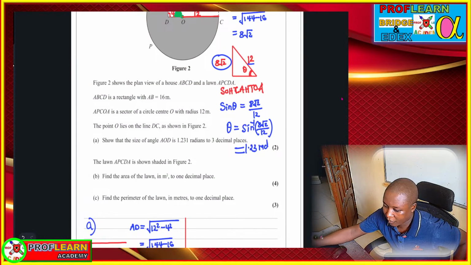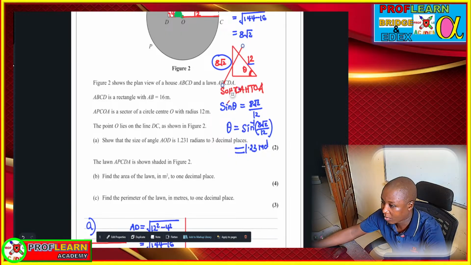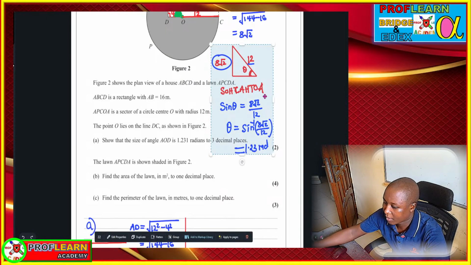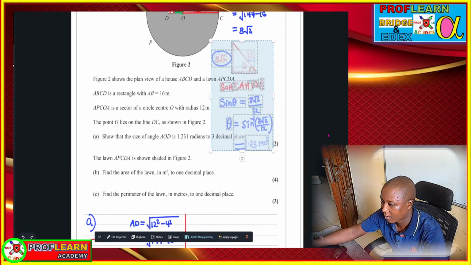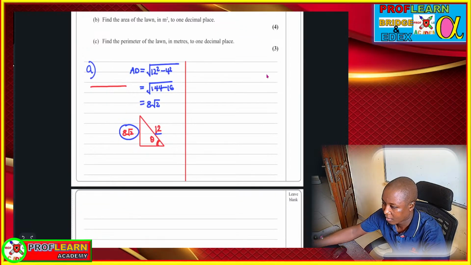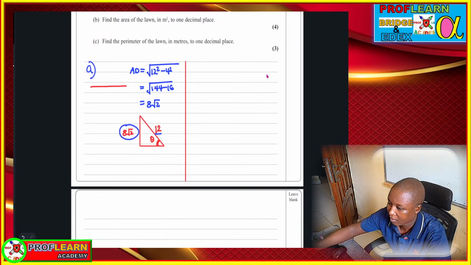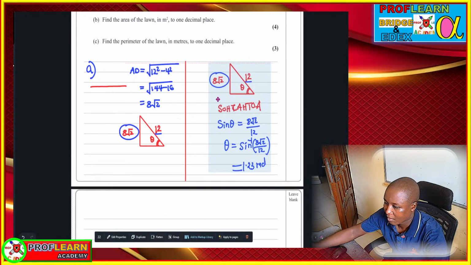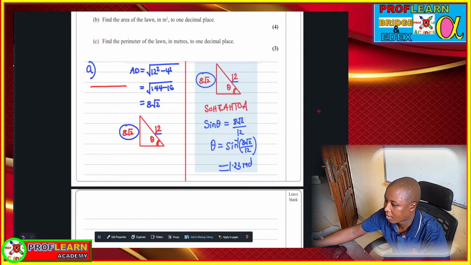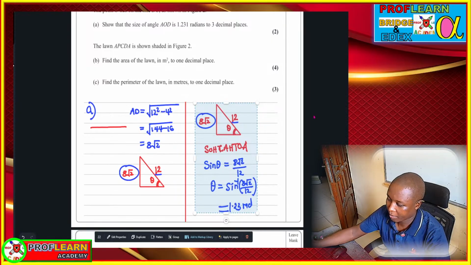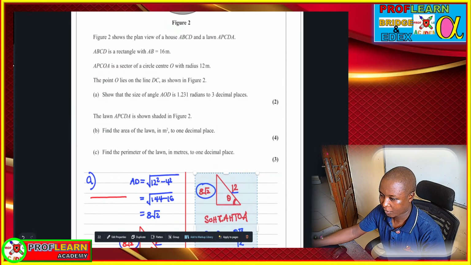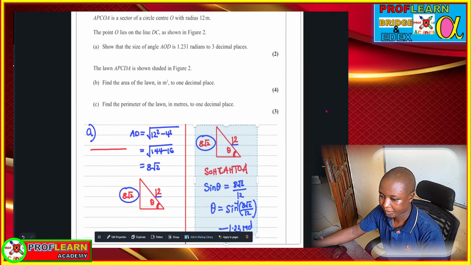Also, let me move this part down so that we can have our work well represented. Now we can move to part B.